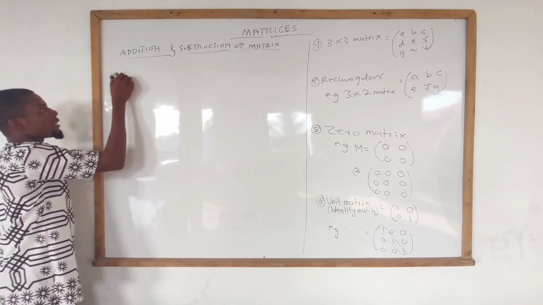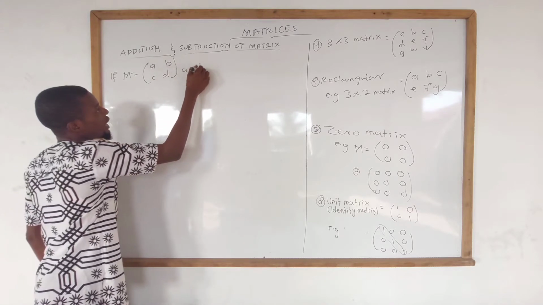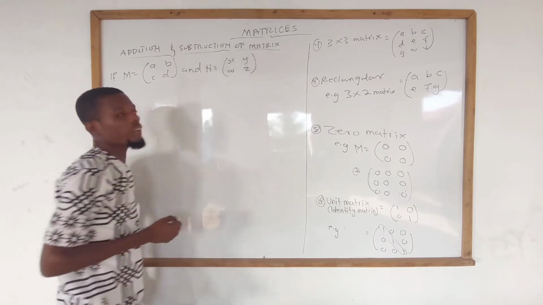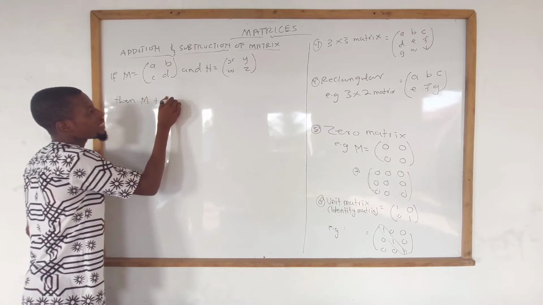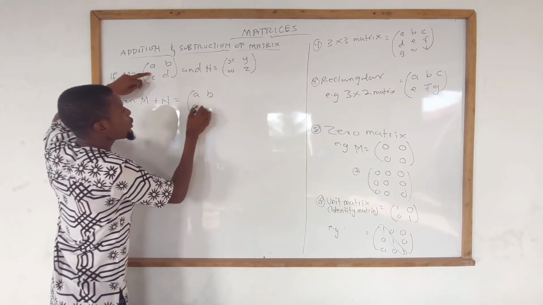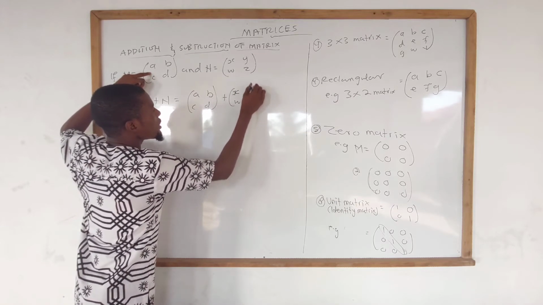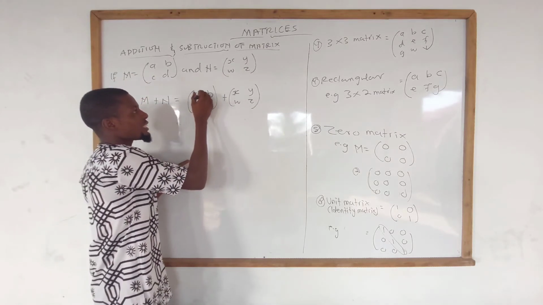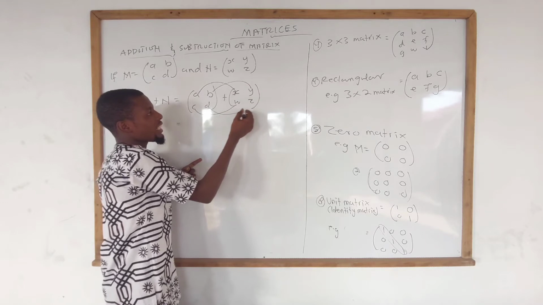So if I have a matrix M equals A, B, C, D, and I have a matrix N equals X, Y, W, Z, then if I tell you to find M plus N, it means you are adding the elements of M to the elements of N. In matrices, when you add two of them, the first is added to the first, the second to the second, the third to the third, and the fourth to the fourth.